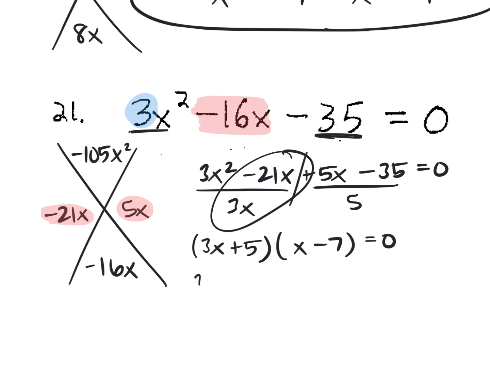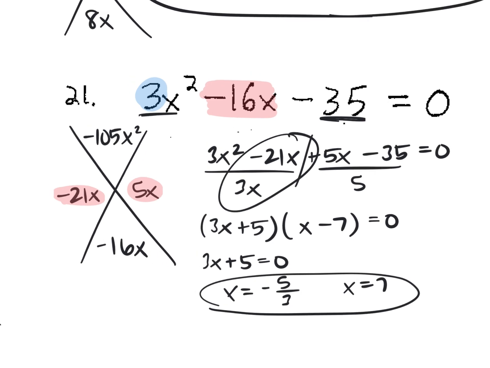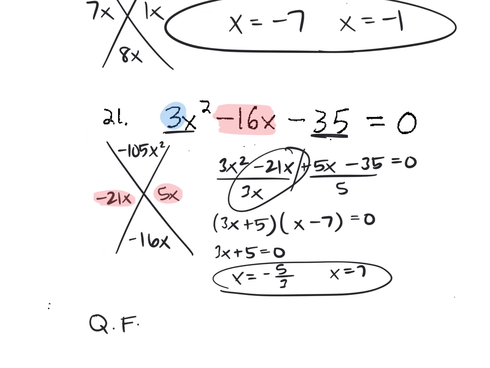So if I solve both of these equations for x, I get x equals negative 5/3 and x equals 7. Okay, we could have also solved this using the quadratic formula, just like how we could have used the quadratic formula for number 19 as well. Okay, I chose to use factoring then.